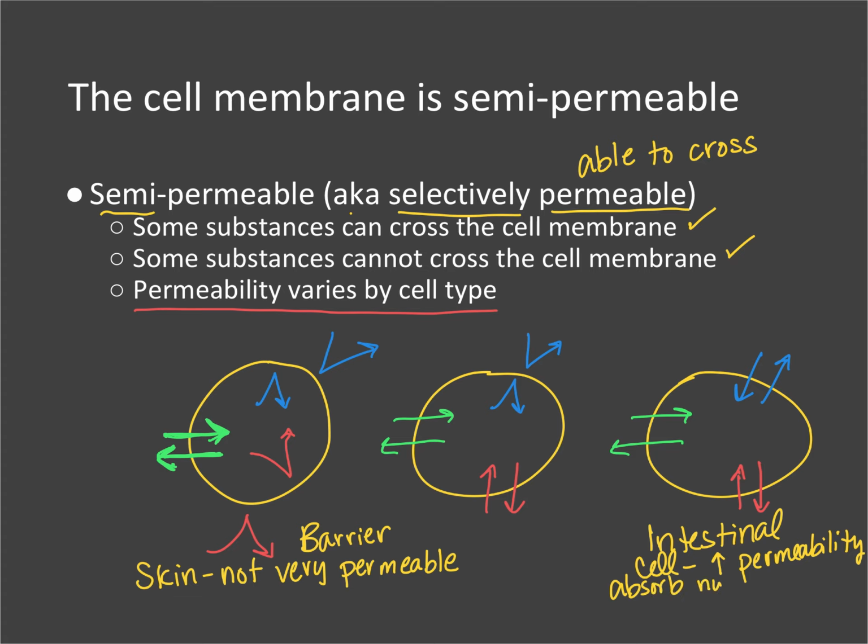So you need to be able to absorb things like glucose and amino acids and proteins and fats, and so there needs to be more of that permeability. On one side of the spectrum, you've got the skin, which has very little permeability. On the other side, you've got the intestines, which have a lot of permeability.